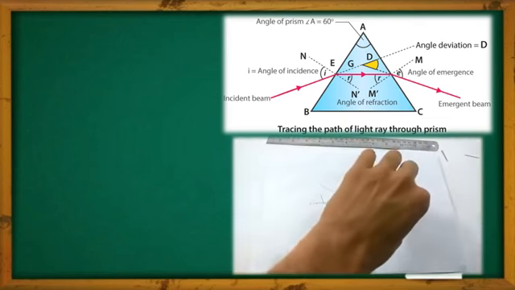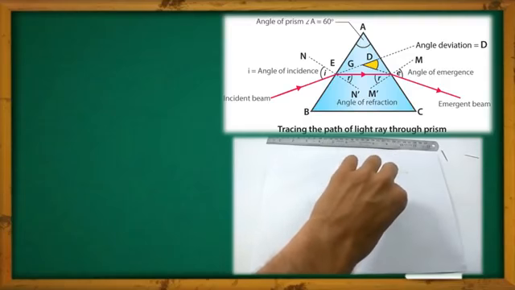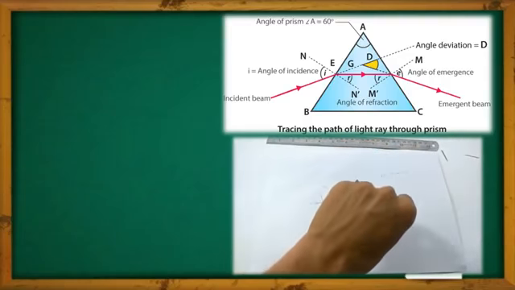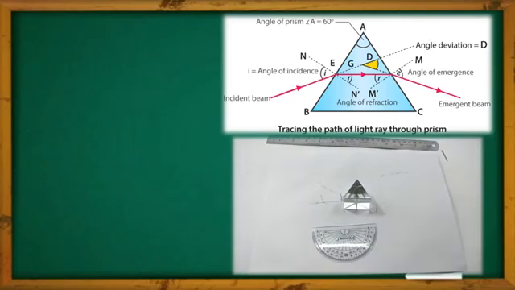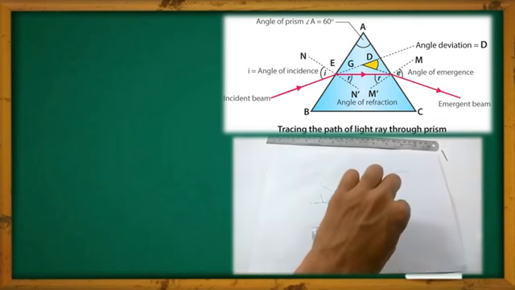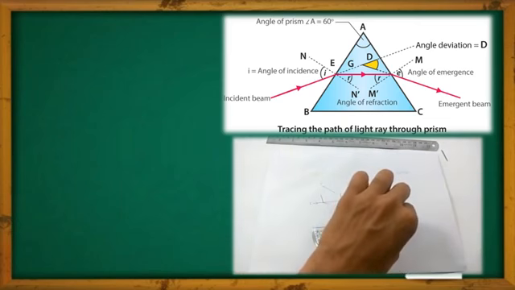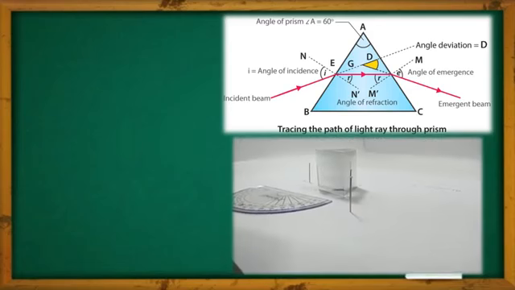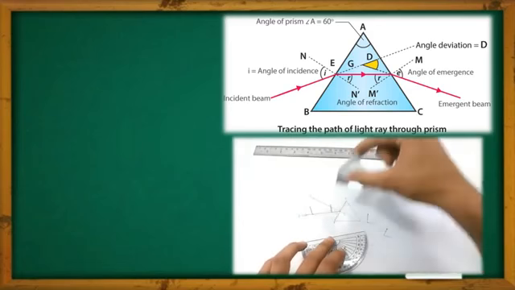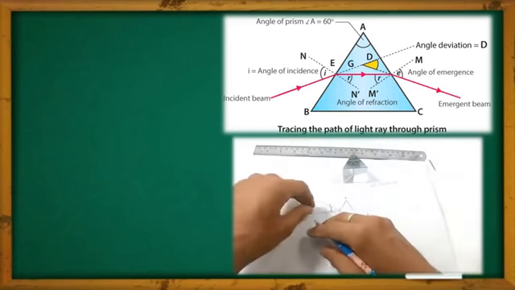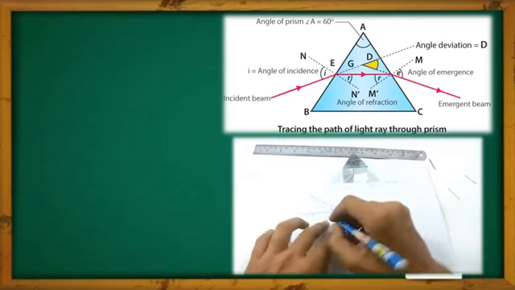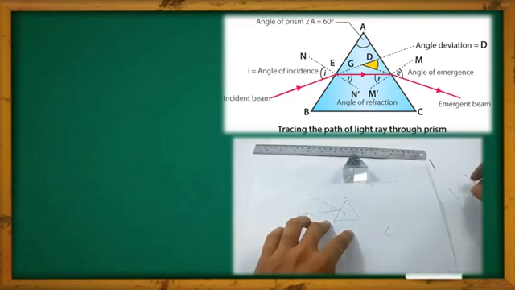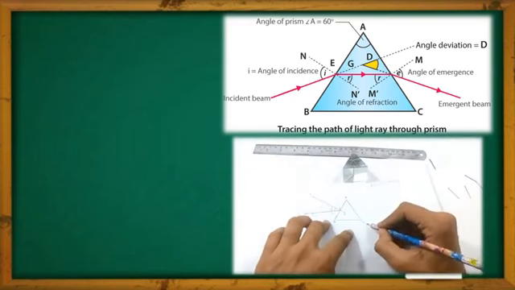Now take another pin, and looking at those 2 pins which you initially put on that line, put the pins so that all the pins look as if they are lying in the same line. You have to see the other side of the prism and decide.